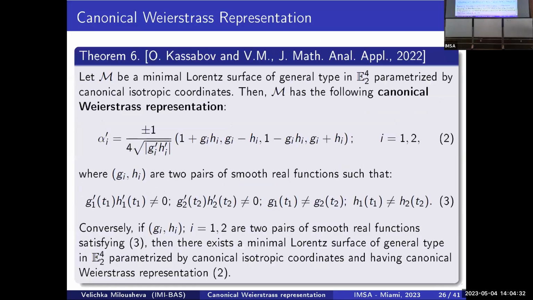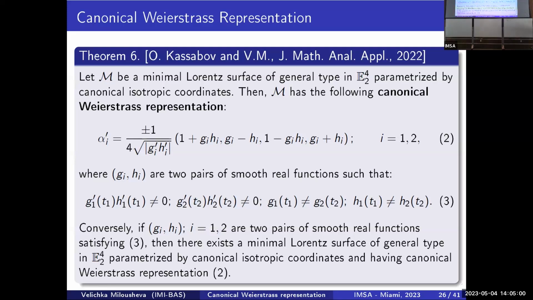And now, having the canonical parameterization, we obtain this theorem, which is denoted here by 6. It is a joint result with Ognyan Kassabov, published in the Journal of Mathematical Analysis and Applications. This is the canonical Weierstrass representation of the minimal Lorentz surfaces.